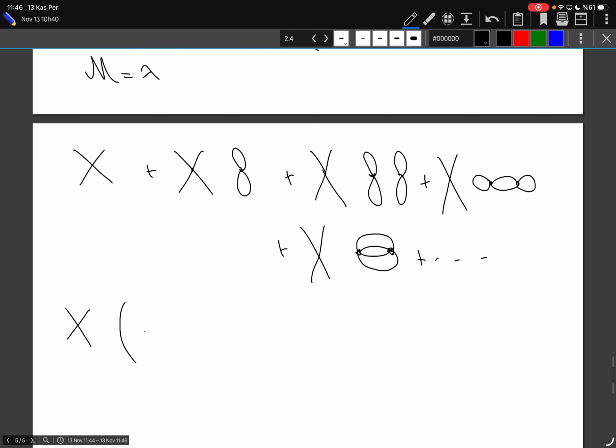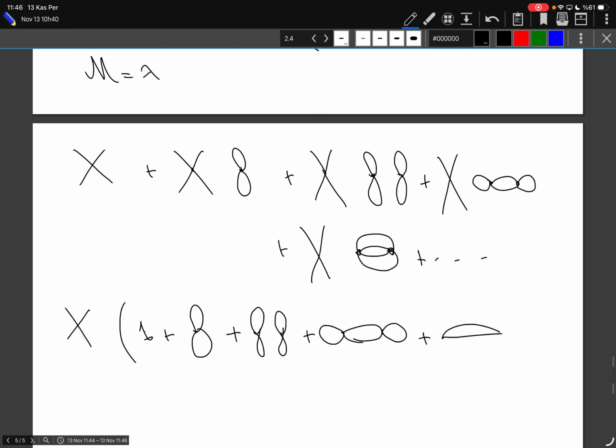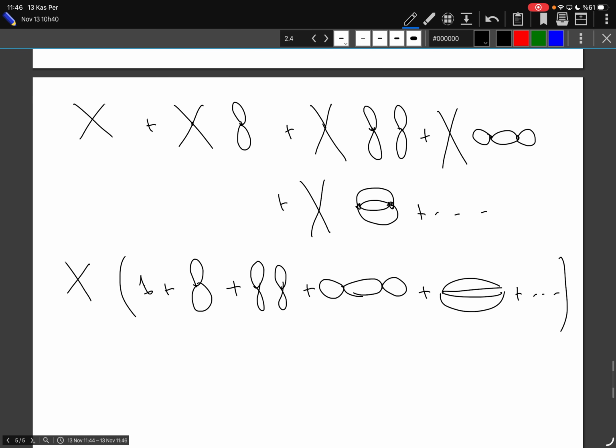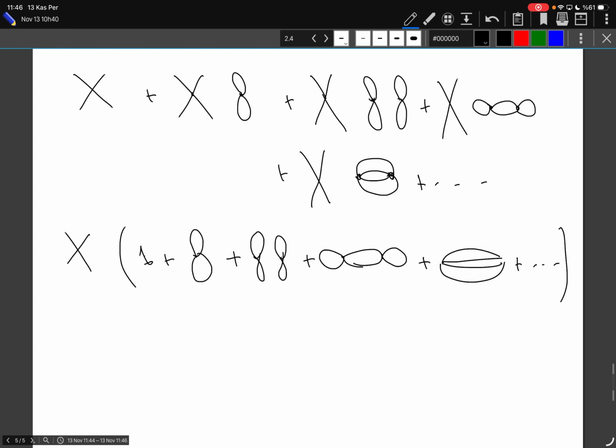What remains will be 1 plus this one plus this one plus higher order terms. So it's like an exponential. Well, this is for this basic diagram, if you like.